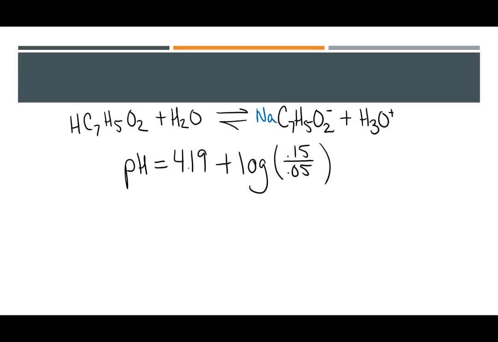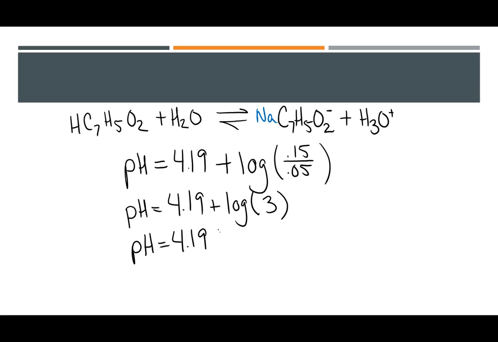So now it's just simply chug through it since we plugged our numbers in. So I'm going to do pH equals 4.19 plus log. I'm going to take 0.15 divided by 0.05. And this is 3. So pH equals 4.19 plus, I'm going to type in log of 3.